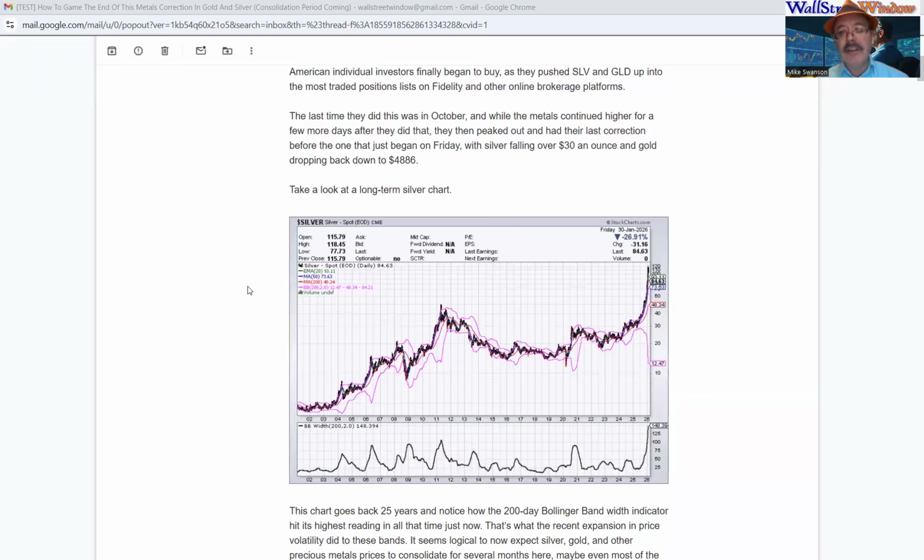But I've got a long-term chart here of the price of silver. And what I want you to notice is the obvious. It went straight up. A parabolic move took place, not simply the past couple of weeks, but it really started last June, or late May.